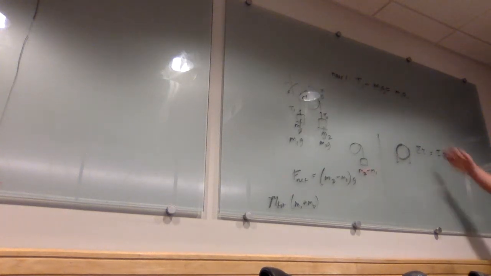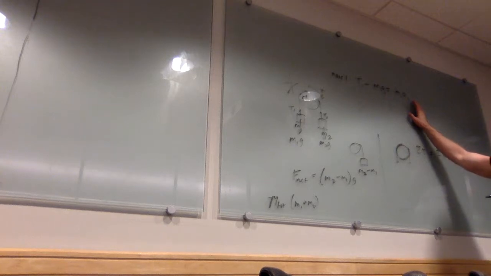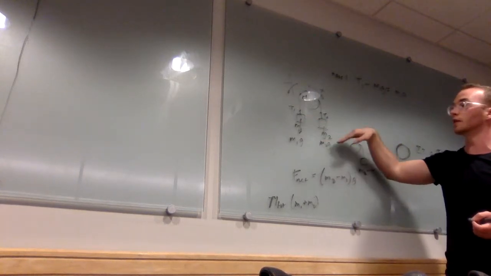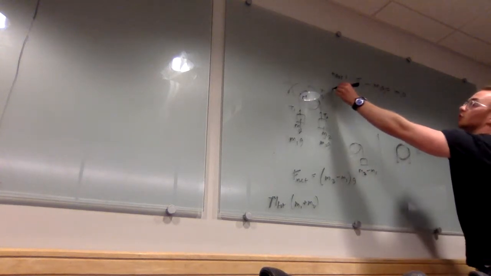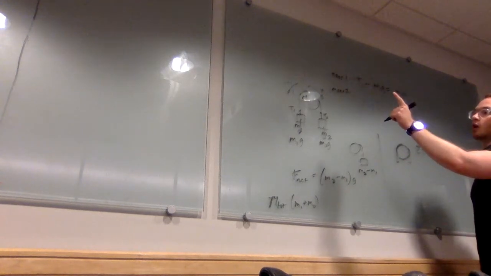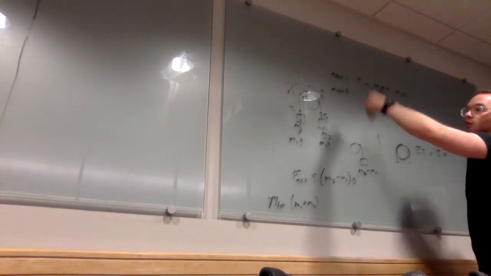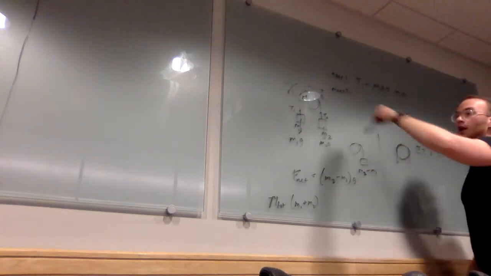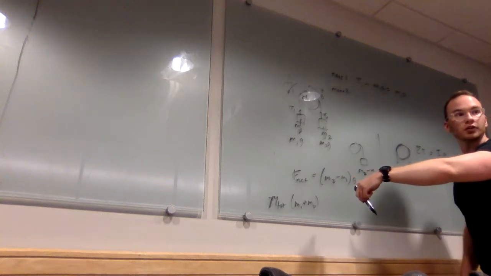Actually, it's sort of obvious that whatever the acceleration of this is, the other has to have the minus acceleration, because they're connected. So mass 2, what's the free body diagram? Well, if we call this way positive, then this is actually the positive direction, right?